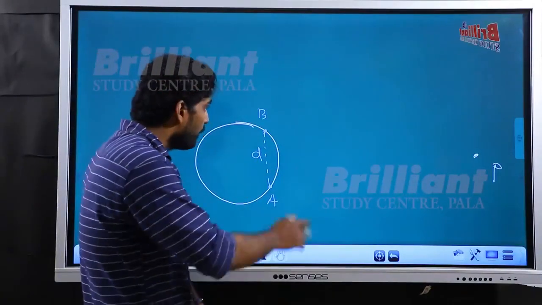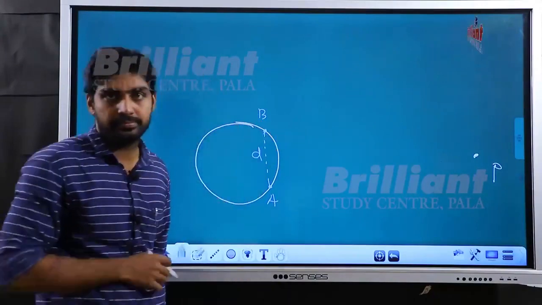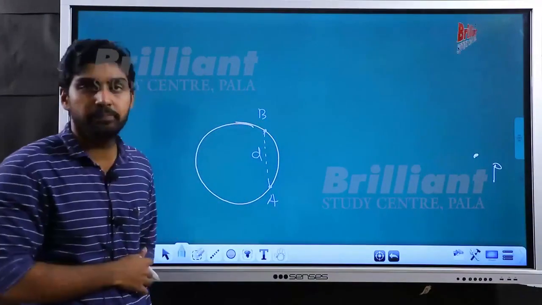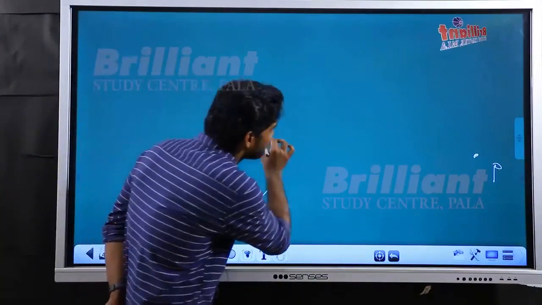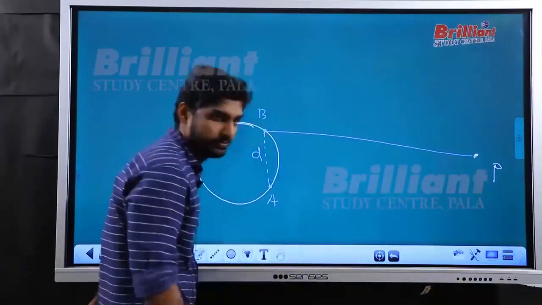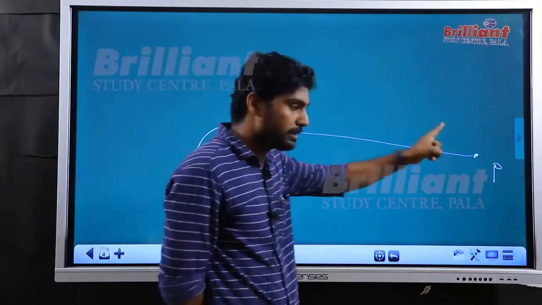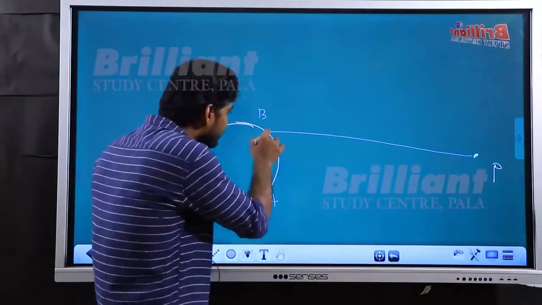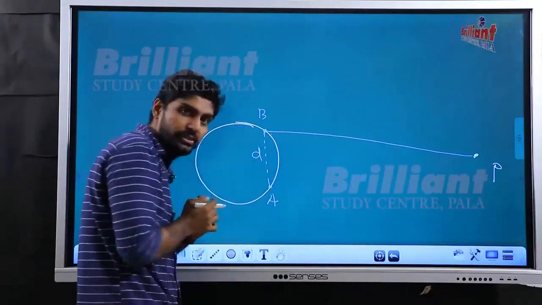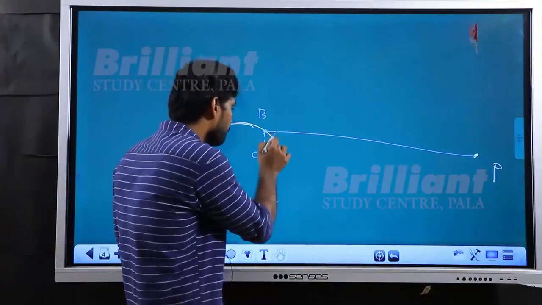Now, from B to observe the planet P, we'll have to look at this angle. So we can measure this angle, right? Yes, we can simply measure this angle.